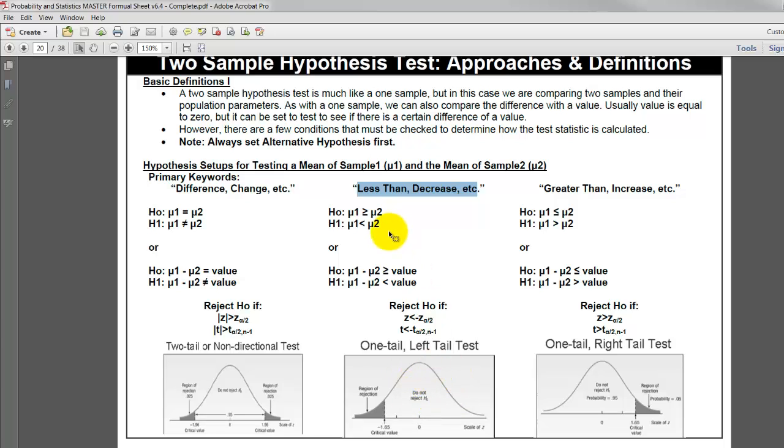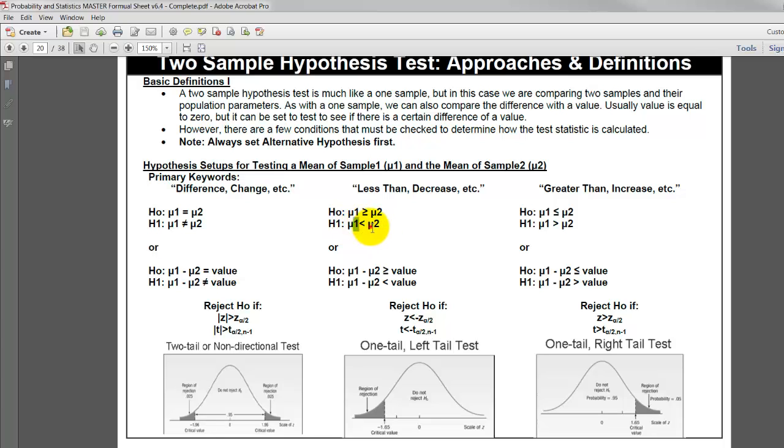And you might be thinking, oh, well, we have two samples, don't we have two distributions? We actually do, in fact. And the reason why I bring this up is that we wrote initially the hypothesis statement like this. The null is mu1 is greater than or equal to mu2, and the alternative is mu1 is less than mu2.